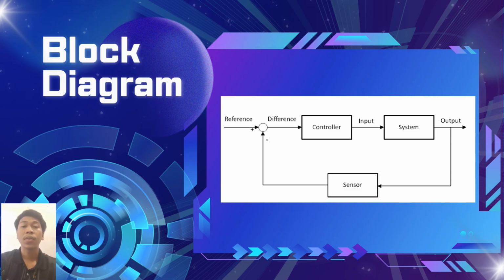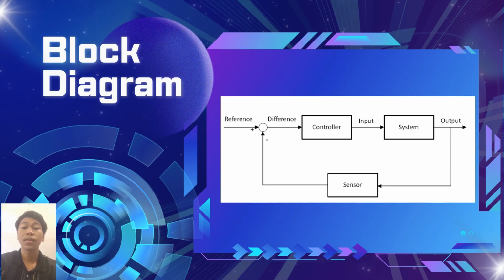And now I want to explain the block diagram of the heater temperature control. The water heater temperature control system operates as a closed loop control system. The process begins with the reference, the user set point, which is compared with the feedback received from the sensor.